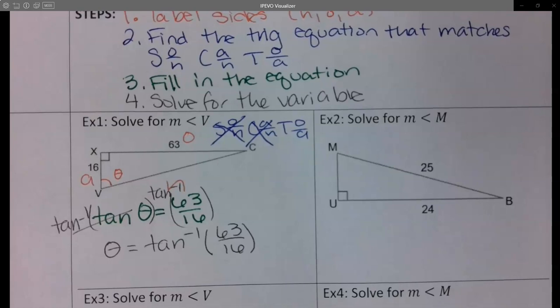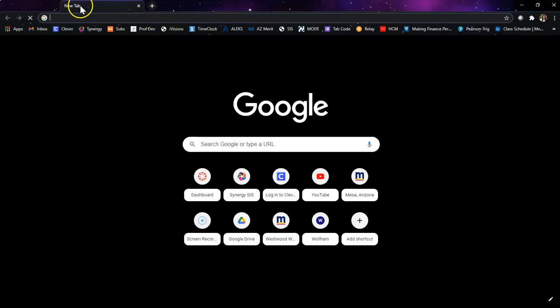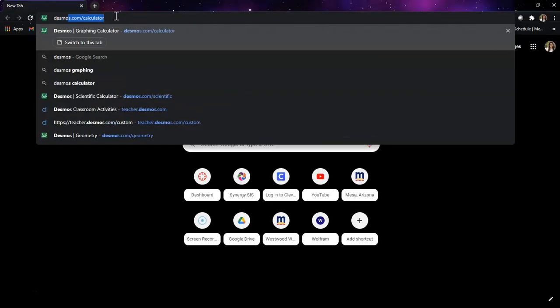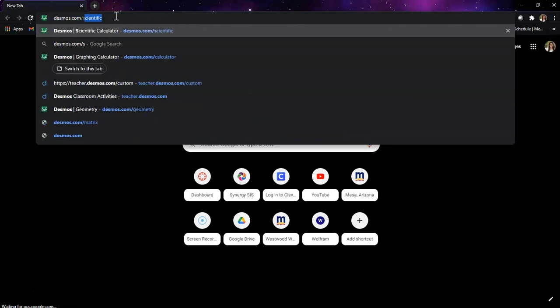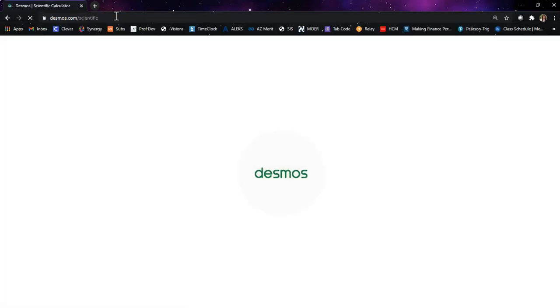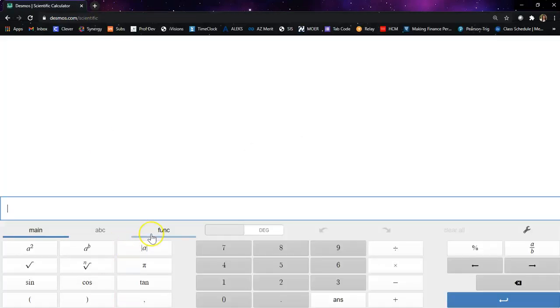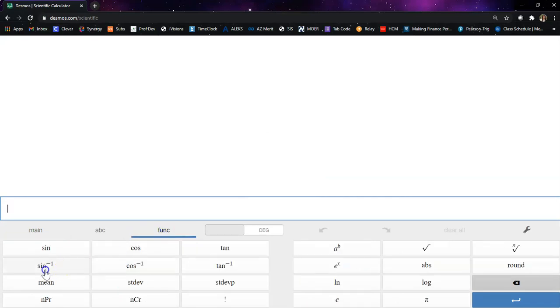Then I want to go ahead and go to desmos.com/scientific. And if I click on the function button over here, it's got the inverse functions for me. So I just need to click on the one I have on my paper, which was tangent to the -1.